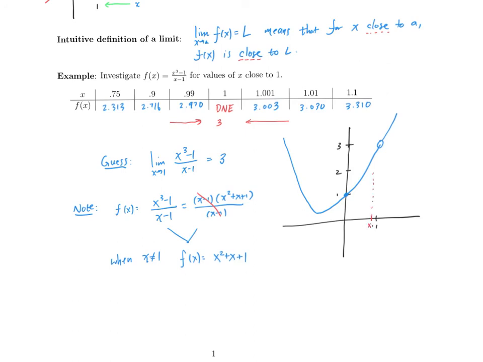If you trace up to the curve, what you'll find is the function output is going to be close to 3. And similarly, if we pick some value close to 1 on the right, maybe call it x2, that associated function output is also going to be close to 3.